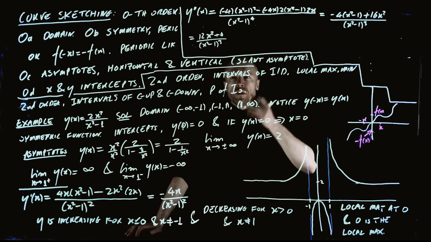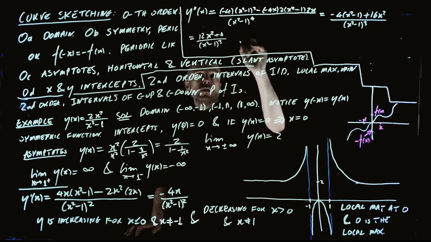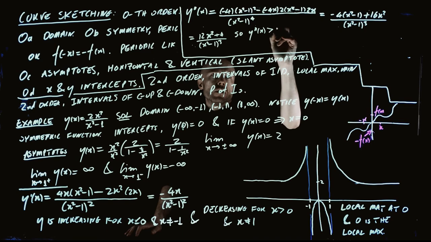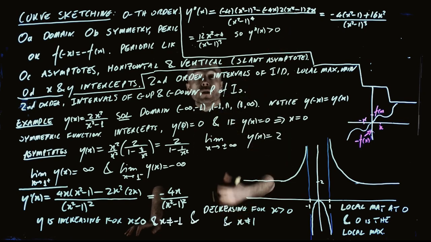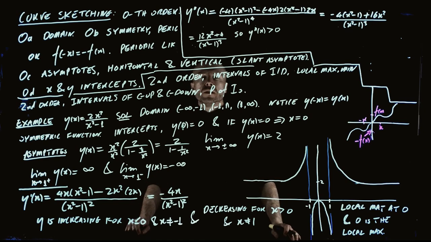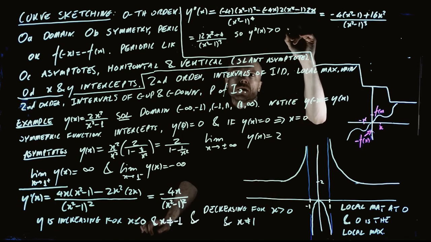The sign will just be determined by the sign of the bottom, right? So y double prime of x is going to be positive whenever the bottom is positive. And the bottom is going to be positive so long as x squared is strictly bigger than 1, right? And that's the same as having the absolute value of x bigger than 1.